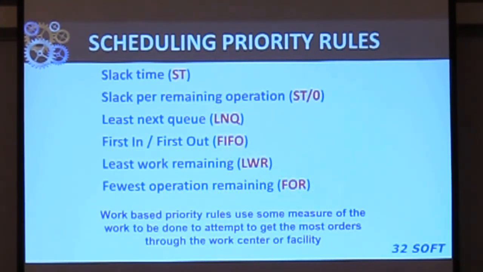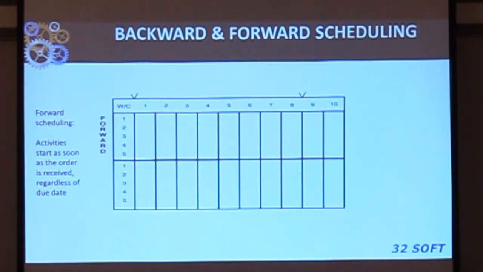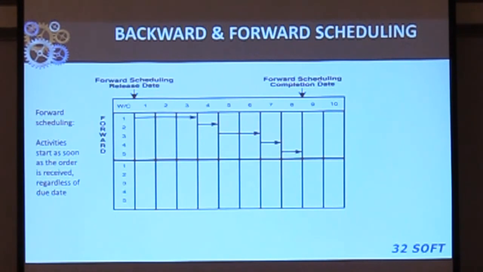Scheduling priority rules can be based on slack time, first in first out, or fewest operations remaining. These are all, again, types of priority schemes that you can use. The two basic types of scheduling are backward scheduling and forward scheduling. Forward scheduling takes a release date, which we saw from our MRP, and schedules forward to a completion date, so it schedules out across the system.